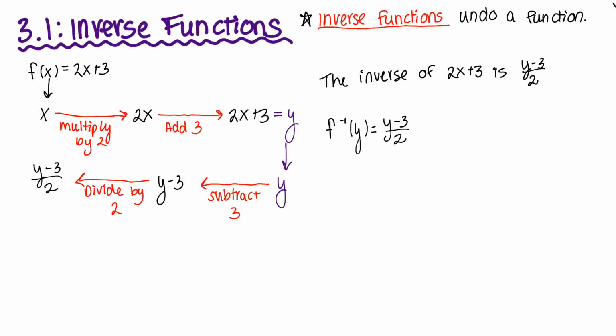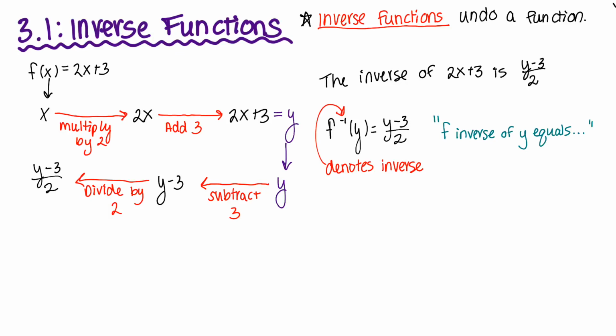This little -1 right here denotes that it's an inverse. The way that we would read this out loud would be f inverse of y equals y minus 3 over 2.